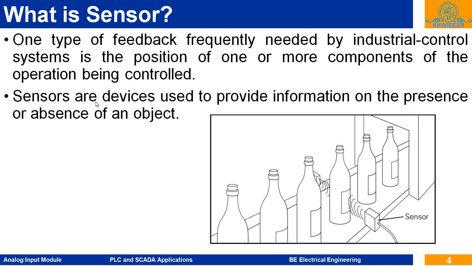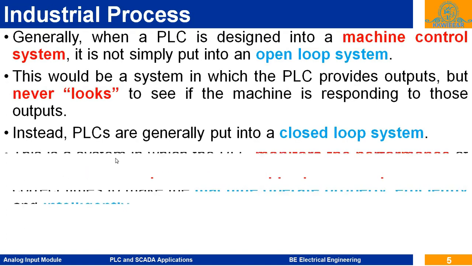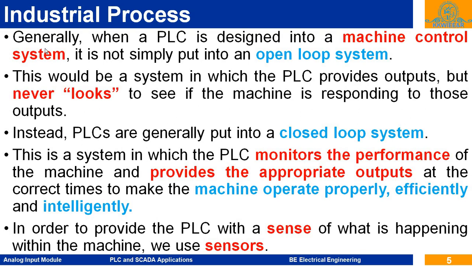For sensing the position of the component, these sensors are used, and they send the information to the controller. Generally when a PLC is designed into a machine control system, it is not simply put into an open loop system.